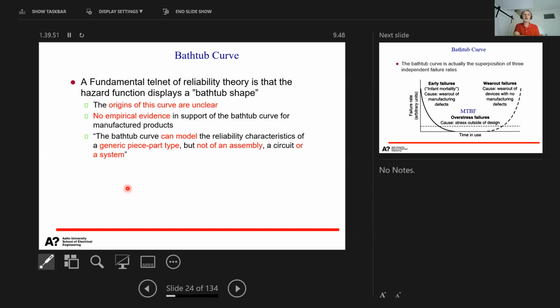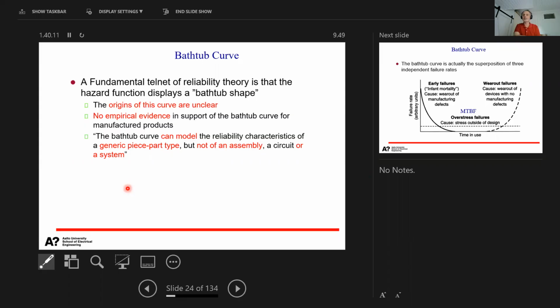So it's not clear where it's coming from. And in fact, we don't have any empirical evidence that this would be a real thing. Nobody has really proved that this kind of behavior exists.